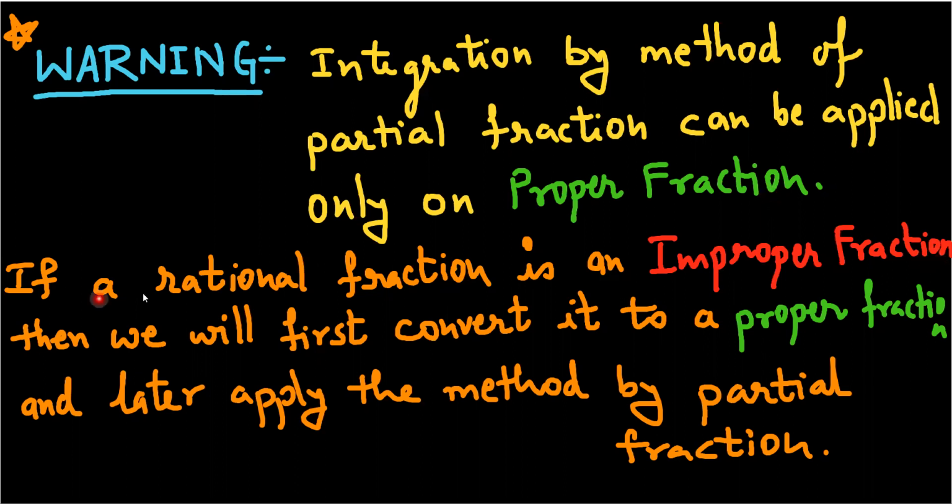If a rational fraction is an improper fraction, then we will first convert it to a proper fraction and later apply the method of partial fraction. Why? Because the partial fraction method can be applied only on a proper fraction. So this thing you will have to know. And what is the method to convert an improper fraction to a proper fraction? That I will tell you shortly. Do not worry about it.